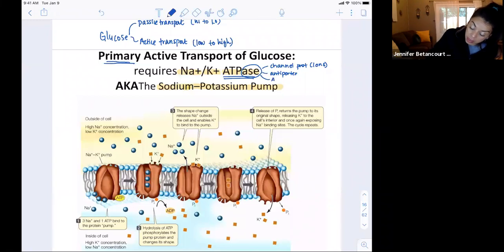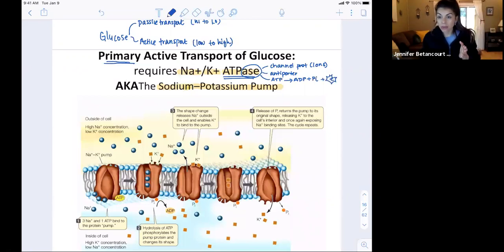So this means that somewhere in this whole reaction, you're hydrolyzing ATP into ADP plus an inorganic phosphate. The reason that this happens is because when you cleave that phosphoanhydride bond, you release energy. And what did I say was one of the biggest differences between active and passive transport? The use of cell energy. Where did I say it typically comes from?